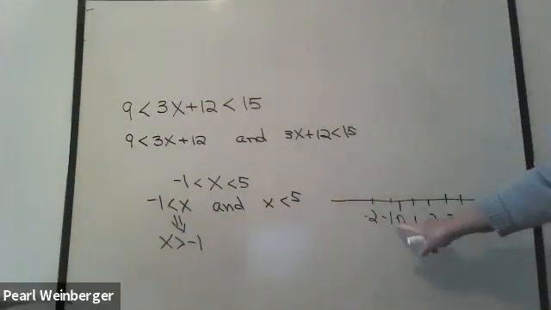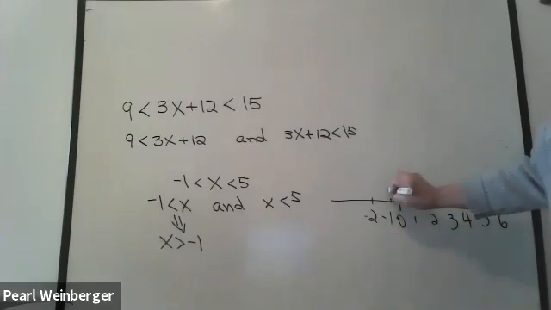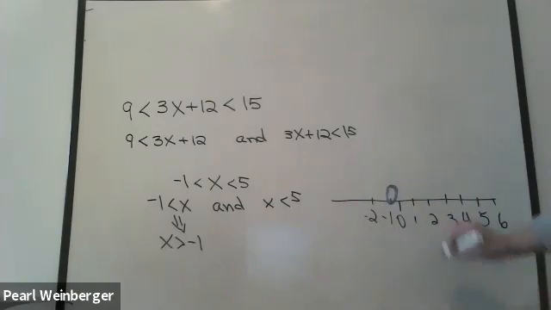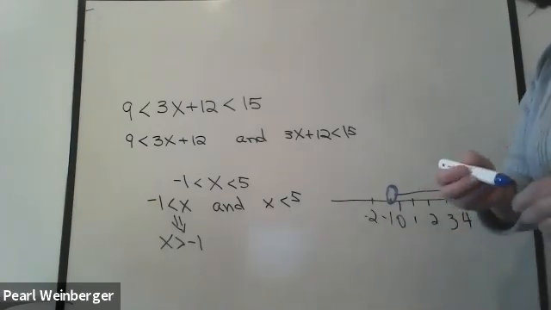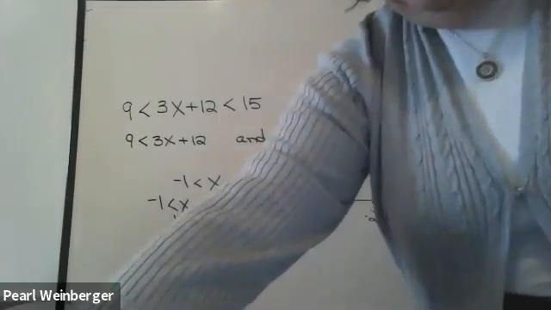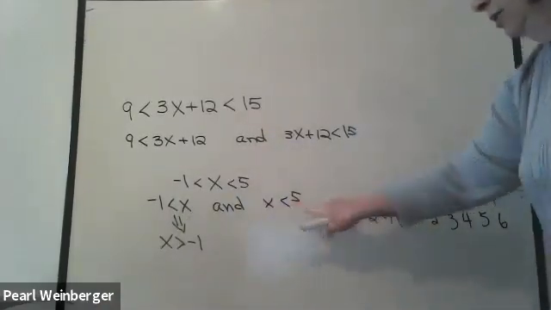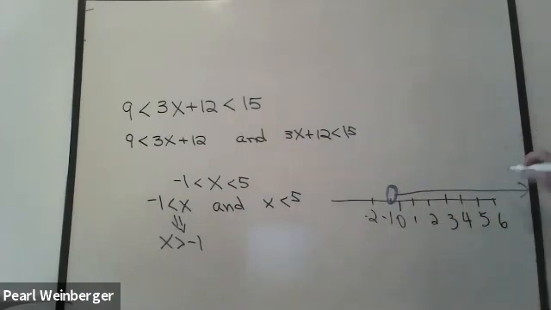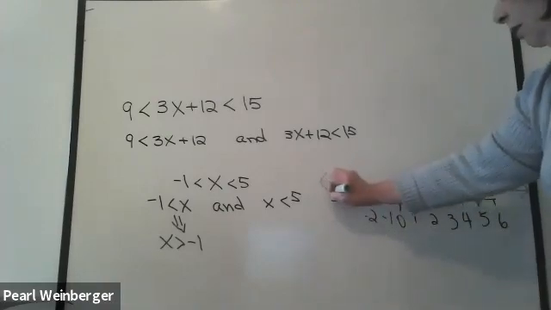To say x is greater than -1 would mean that we'd have an open circle at -1 and an arrow going to the right all the way to infinity. To say x is less than 5 means that we have an open circle at 5 and an arrow going all the way to the left.